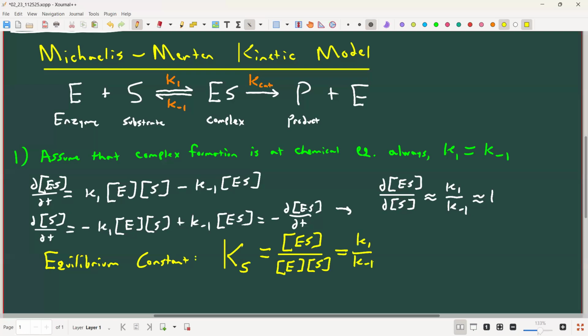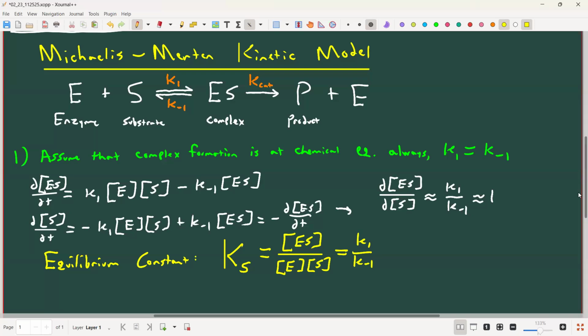So the equilibrium constant of this process depends on whether one goes faster than the other. Right? And this turns out to be a general result. That the equilibrium constant in a reaction is a ratio of the forward rate divided by the reverse rate. So this is equal to 1 in this case. But we'll just leave it like so.